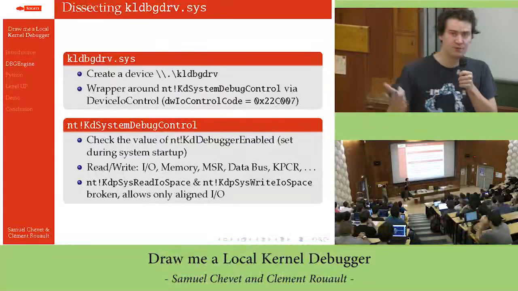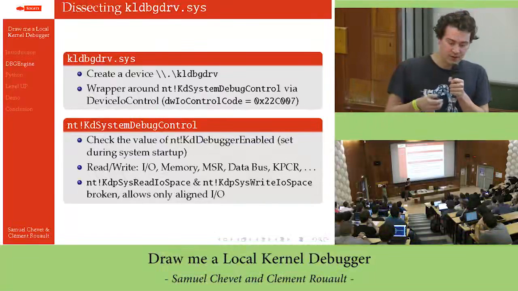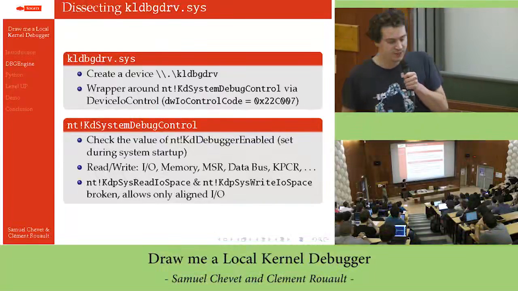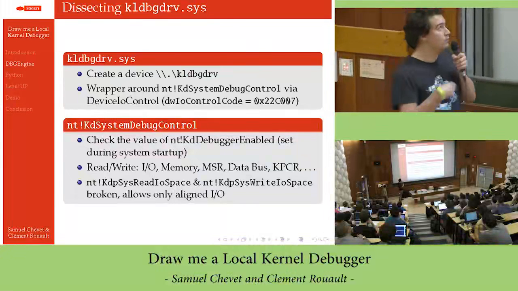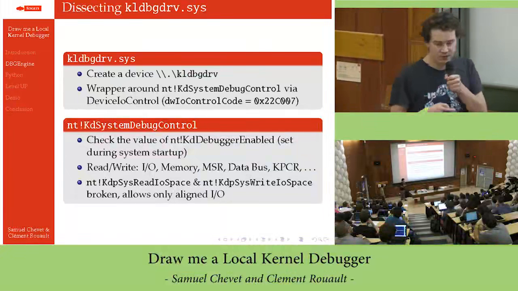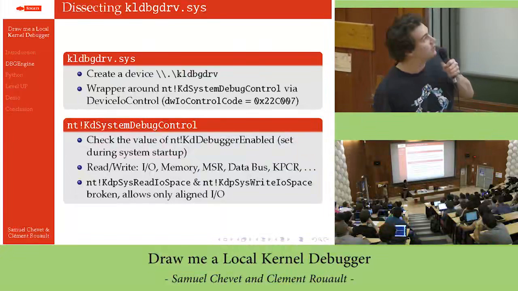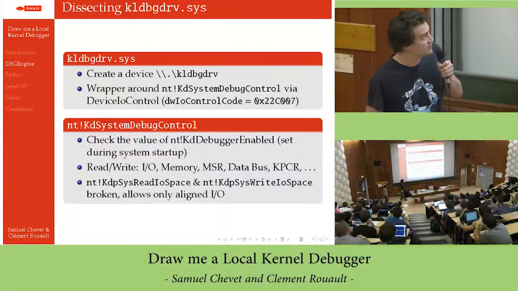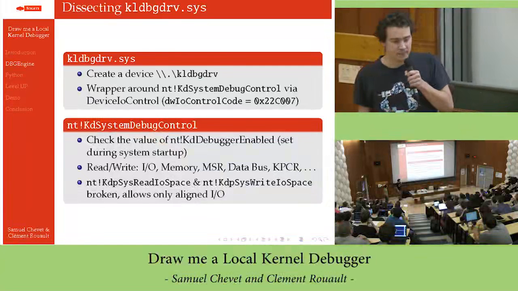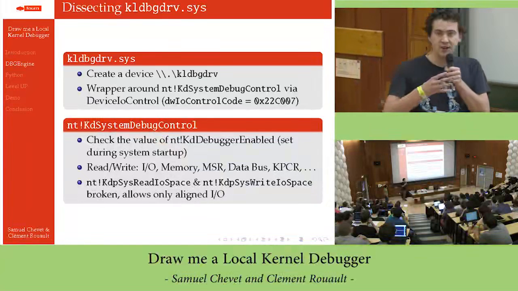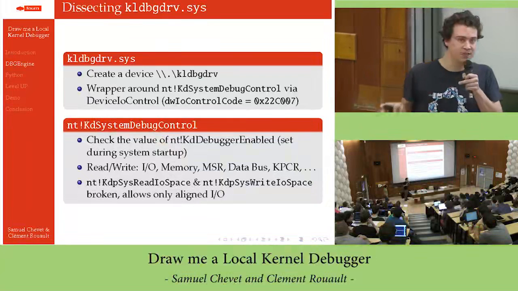And it's just a wrapper around an exported function of the NTOS kernel, which is called KdSystemDebugControl. So you just send an IOCTL with the code 22C007, and it will call this exported function of the NTOS kernel. And you will be able to access all the features offered by WinDBG, in fact.